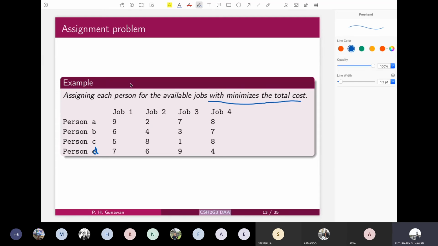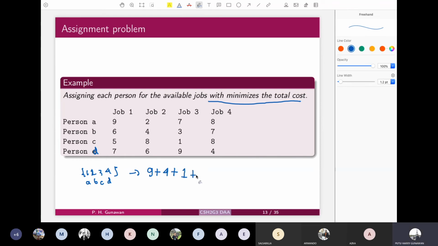And you see, so the job 1, 2, 3, 4 means this is for A, for B, for C, for D. So the total cost is: person A is job 1, so this is 9, right? Plus B is job 2, so this is 4, plus C is job number 3, so this is 1.